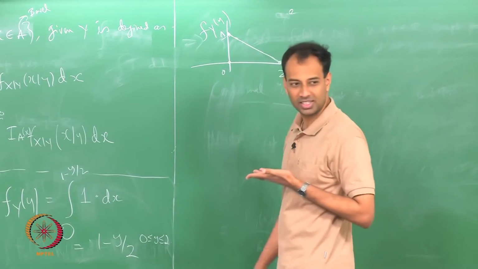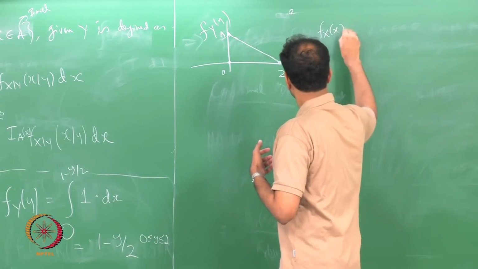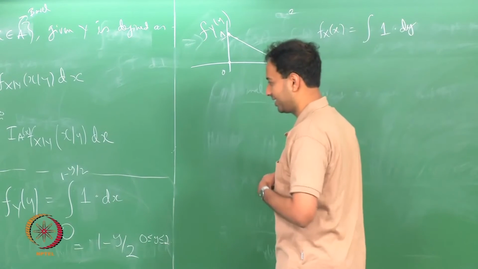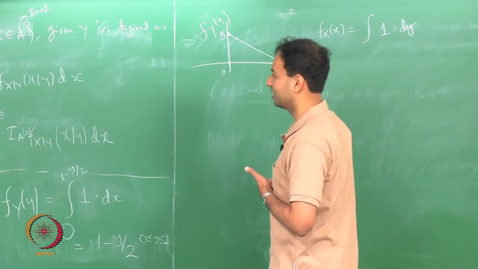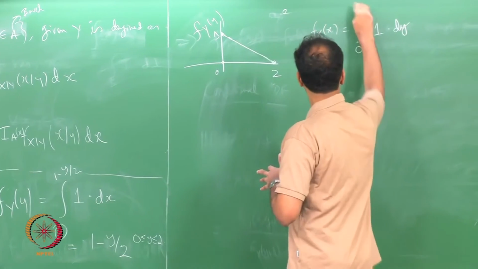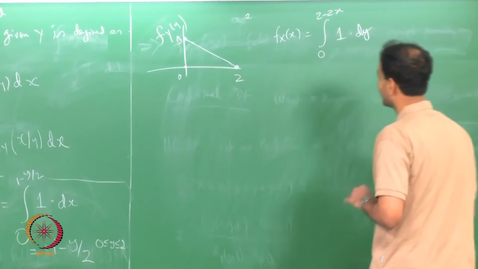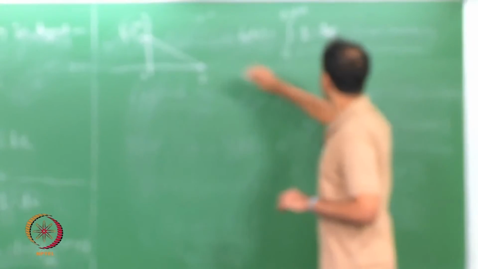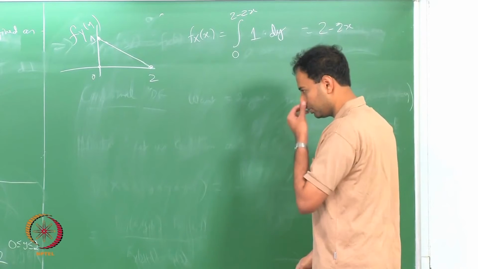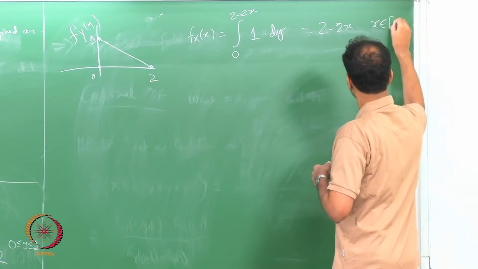Marginal of x can also be easily computed. So, what is f x of x? The same thing, integral 1 dy, I have to integrate now the other way, right, from 0 to 2 minus 2 x. So, okay, that should be 2 minus 2 x, good, for x in 0 to 1, right.